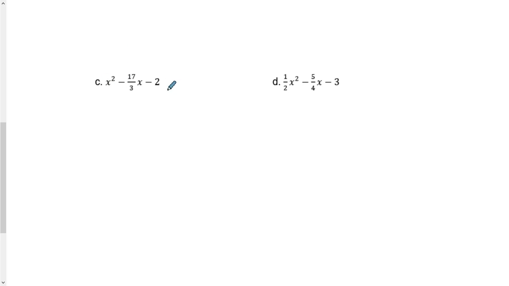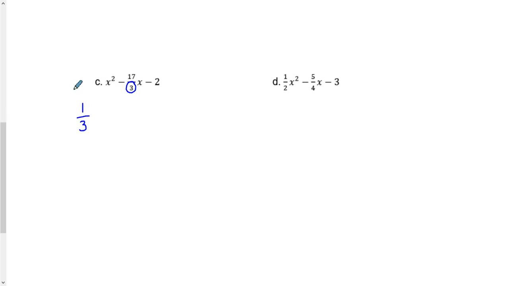So for this one, let's factor it out. The smallest character here is actually the third. We're going to factor out a 1/3 out of each and every single one of these.